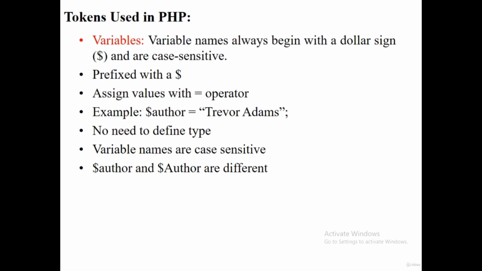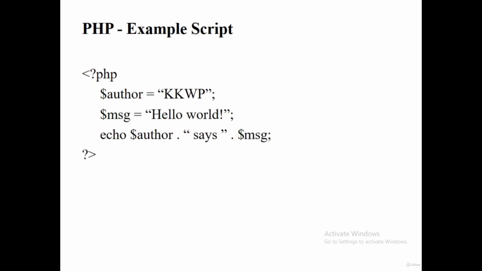Suppose in that example there are two authors, they are treated differently: author with a capital letter and author with a small letter are treated as different. This is an example of PHP where we declare two variables, author equal to KKWP and message equal to hello world. So we use the echo keyword to display all my messages.